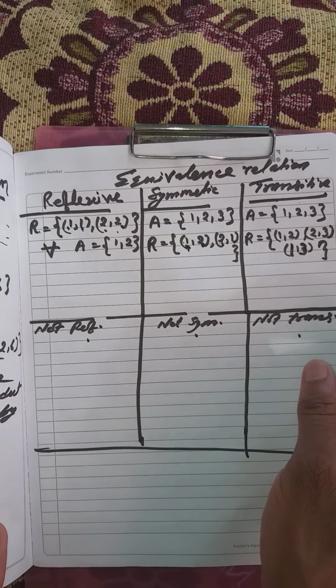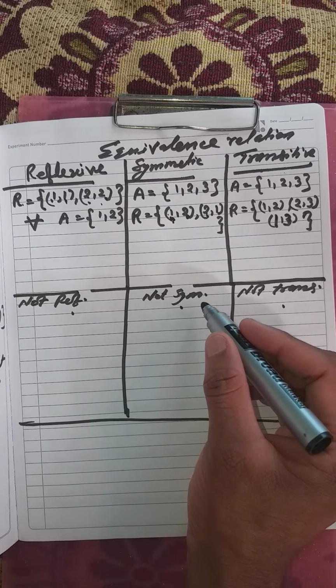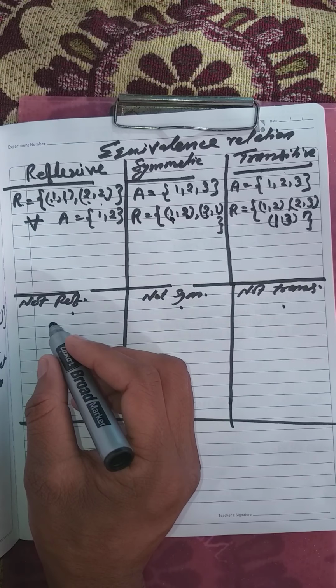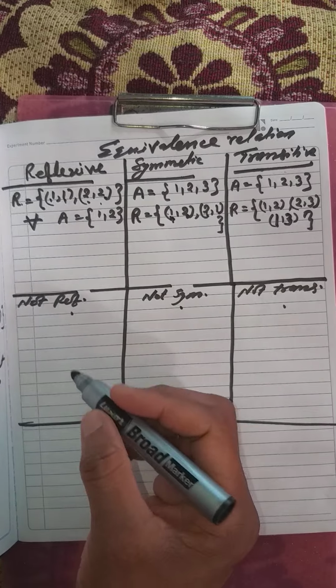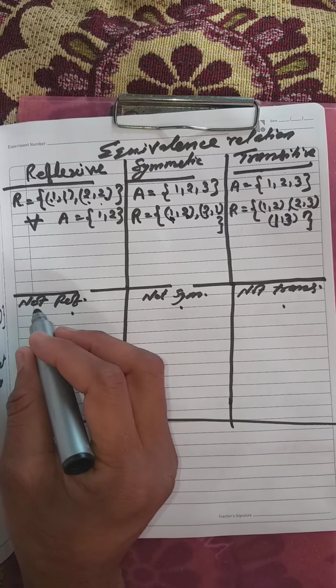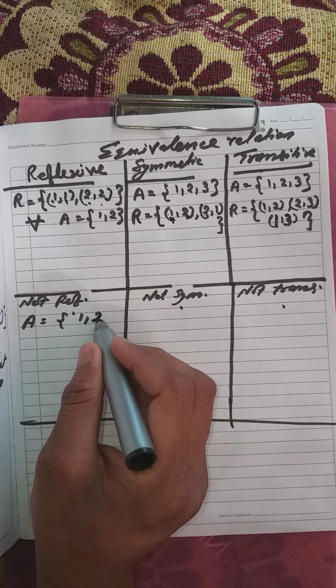Okay, in case the relation is not reflexive, not symmetric, not transitive, then we must give an example. Why is it not reflexive? Let us suppose I have a relation for set A = {1, 2}.